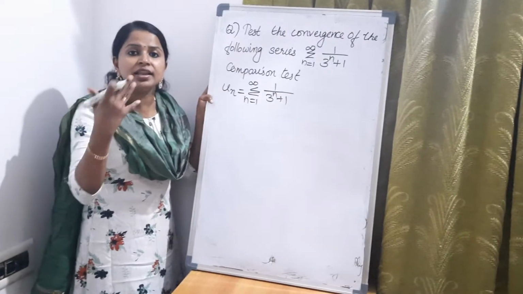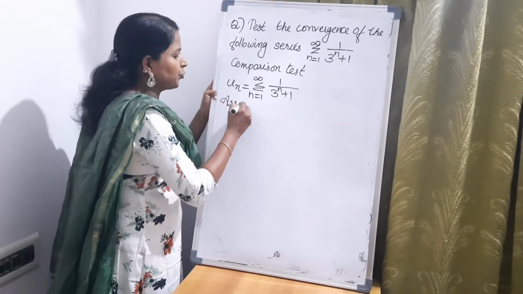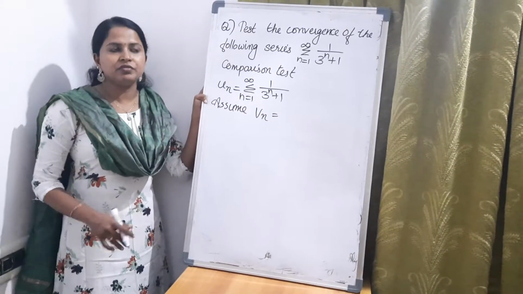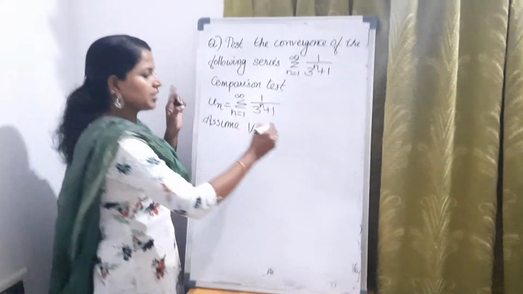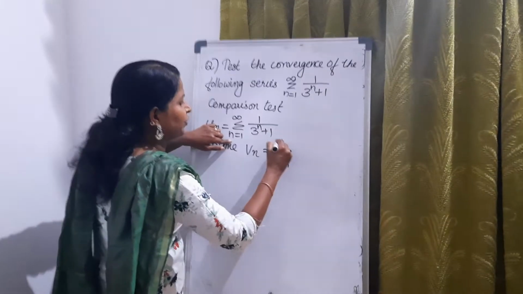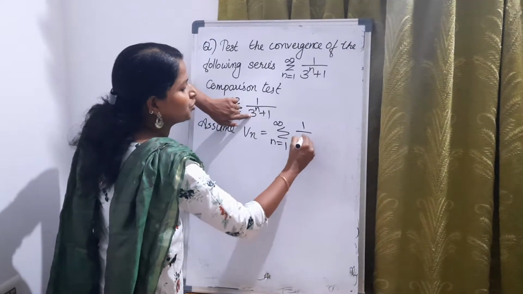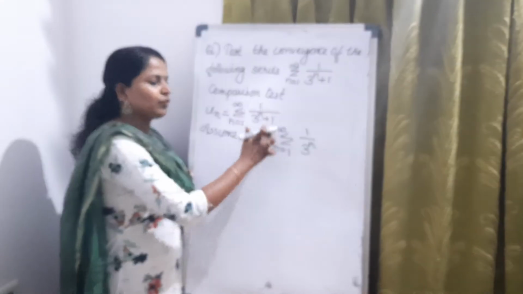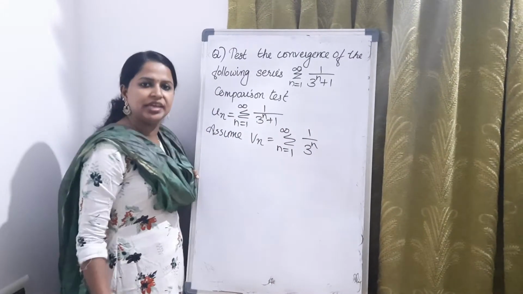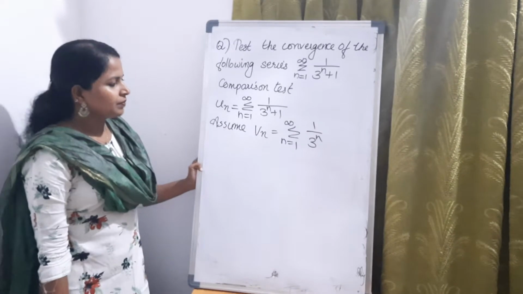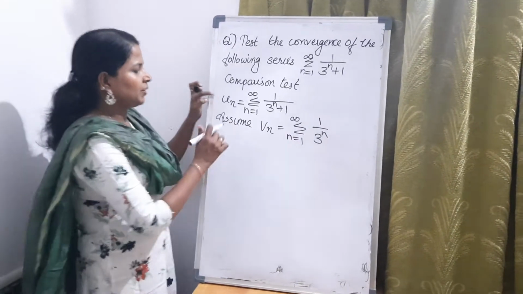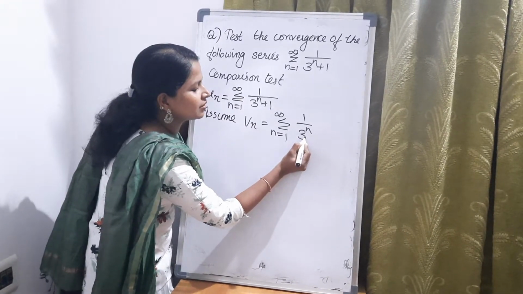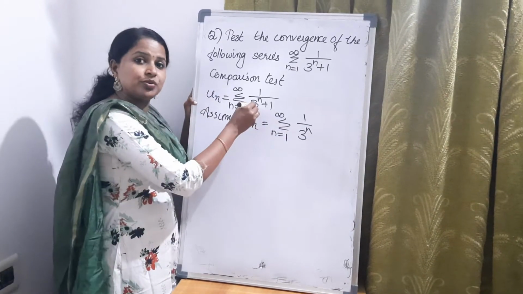Then we assume another series Vn. Here we assume the series Vn is sigma n equal to 1 to infinity 1 by 3 raised to n. Then 3 raised to n is smaller than 3 raised to n plus 1.